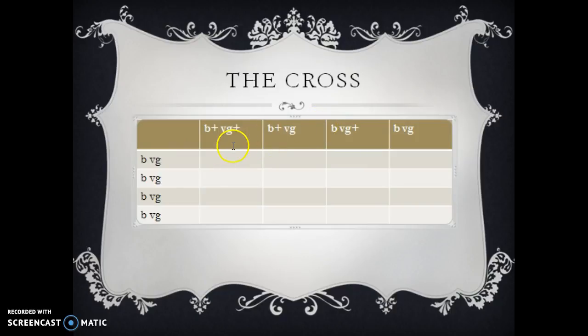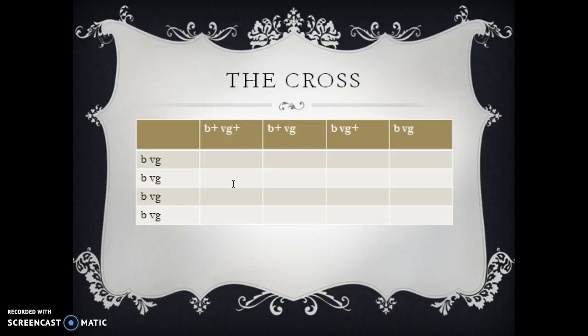So we would have essentially a 1 to 0 to 0 to 1 ratio. And another way to think about this is that all of the F2 would have the parents' genotype that were used from the F1 cross.